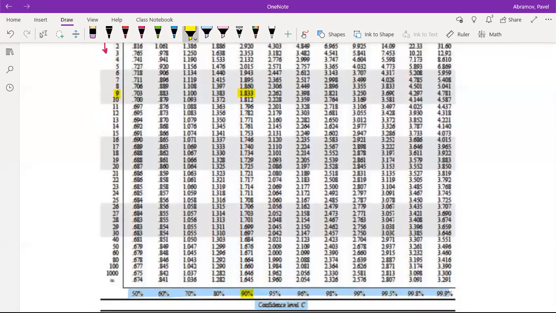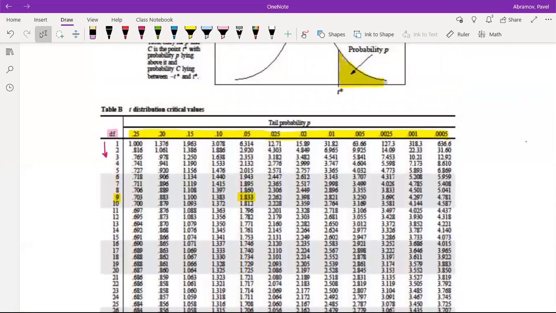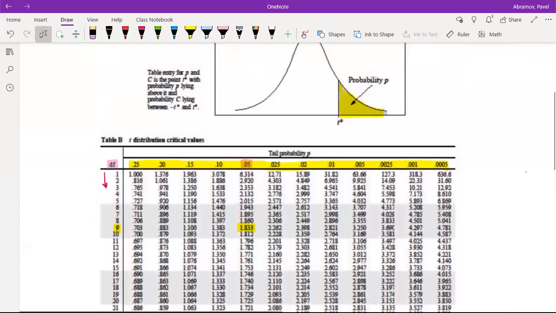And it looks like we are going to get 1.833, which also means that the tail has the probability of 0.05, which is 5%, which makes sense if we have a 90% confidence interval. If we have a 90% confidence interval, this is our interval. That means that this area right here should be 5%, and then this area should be 5%. So it's broken up into those.